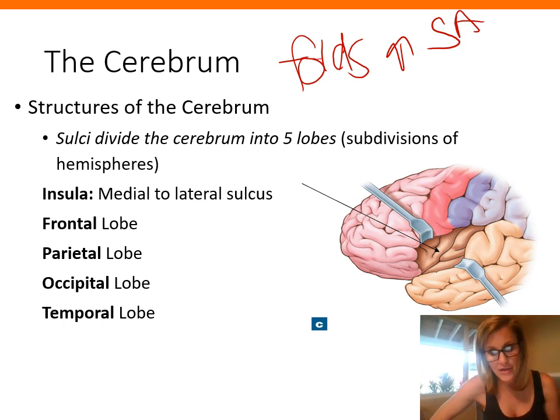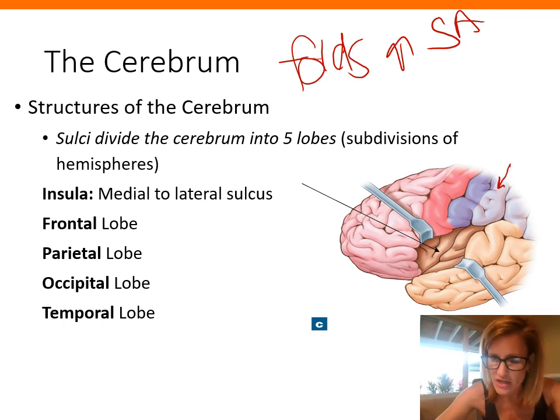The more area there is, the more neurons we can put there, just the same as we saw in the cerebellum. In this case, though, the folds are called gyri and sulci. So the raised portions are the gyri, or just one of them is a gyrus. And then the grooves, these little grooves that you see in here, those are sulci, or just one is a sulcus.